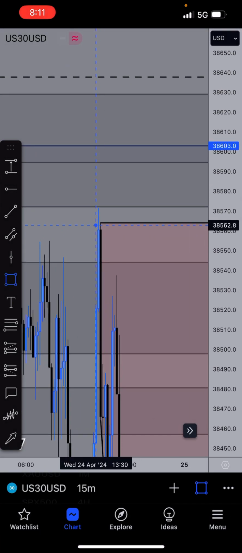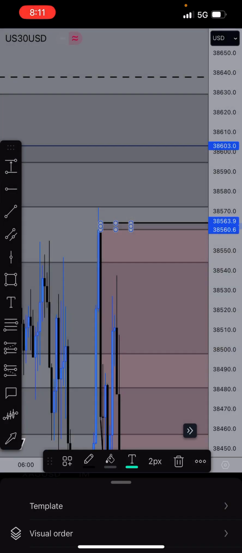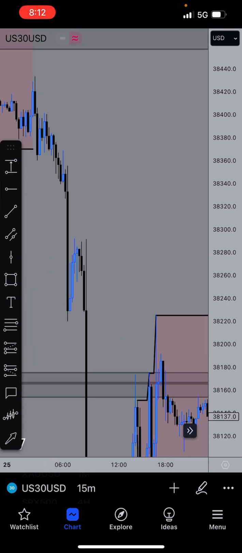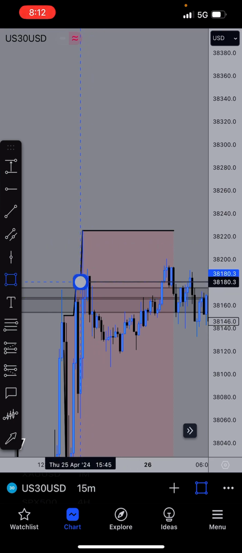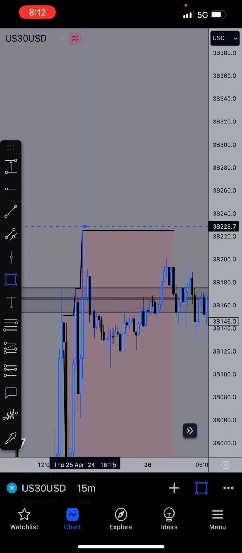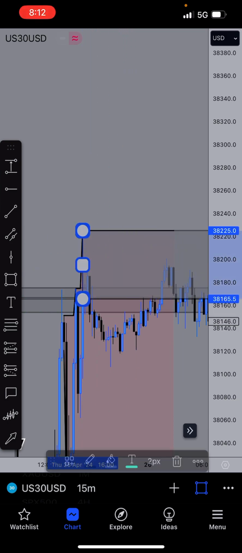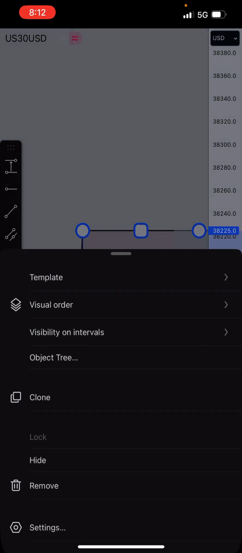Then we have this one here. So this is basically all of the central bank dealers ranges for the month of April. And these are significant because this acts as support and resistance for me. Let's get this. Let's get that going so I can see the words.